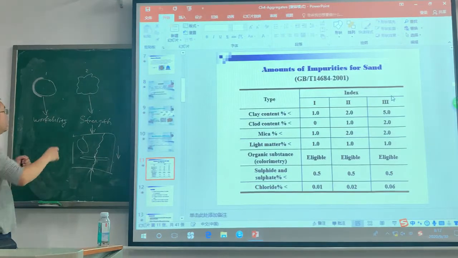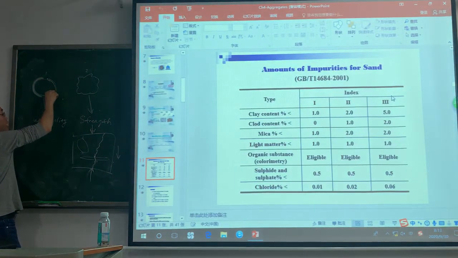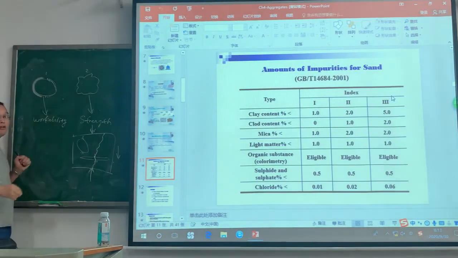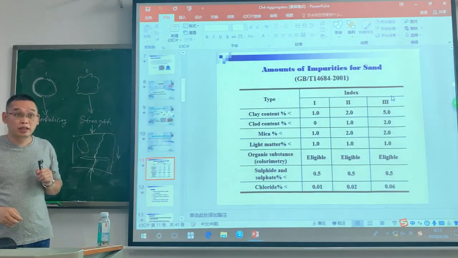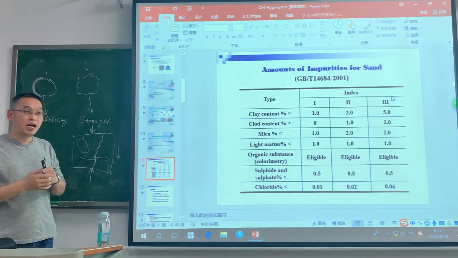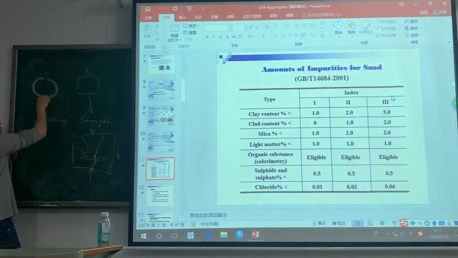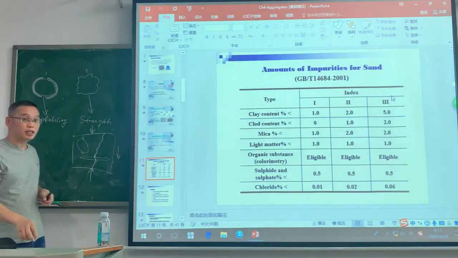But if there is some dust, such as clay or clod, on the surface of the aggregate, the bond between the cement paste and aggregate is affected.